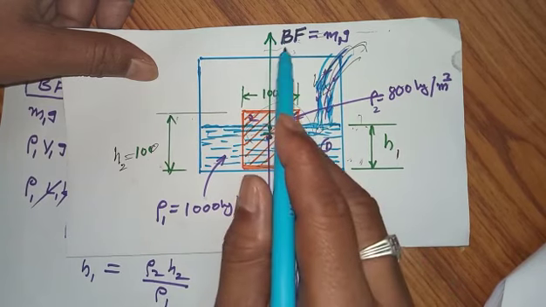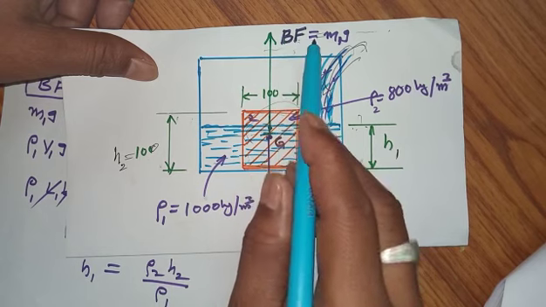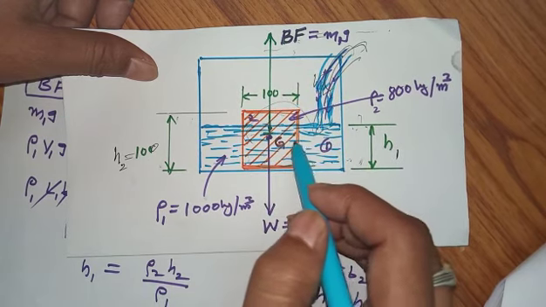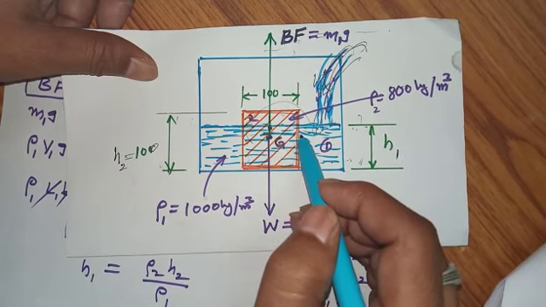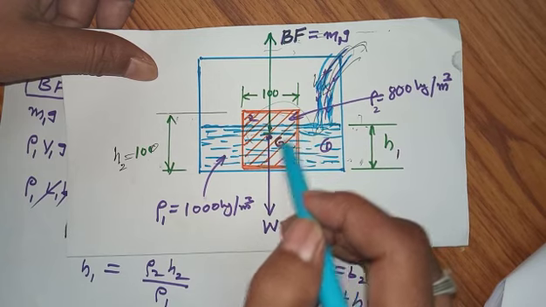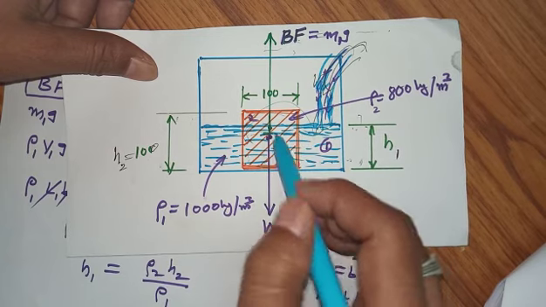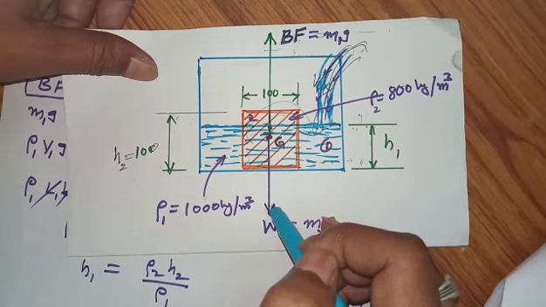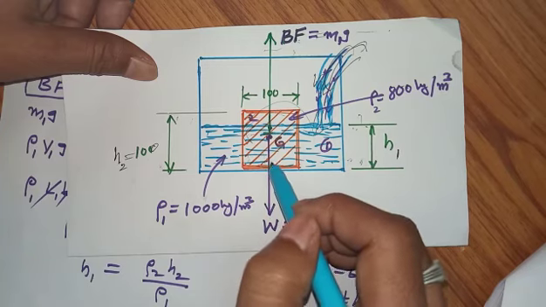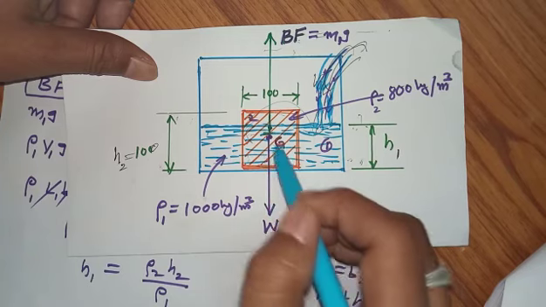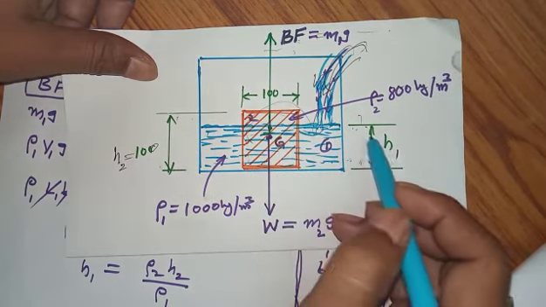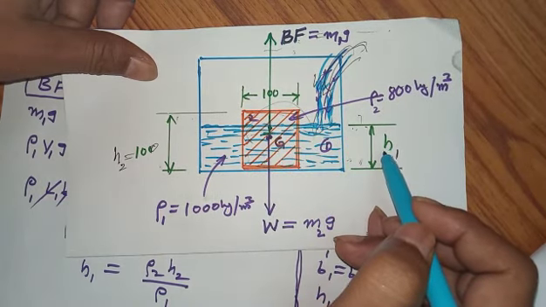That upward force is known as buoyancy force. That is exactly equal to the replaced fluid weight, and that is also equal to the total weight of the body. So by balancing these two forces, we can calculate the H1 value.